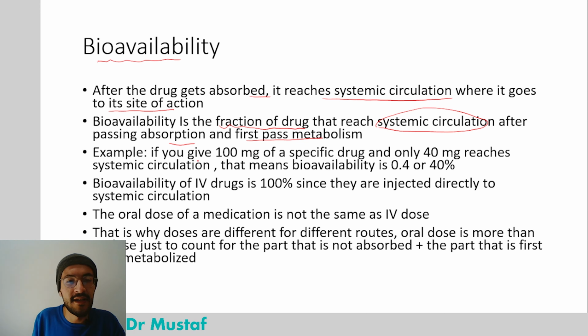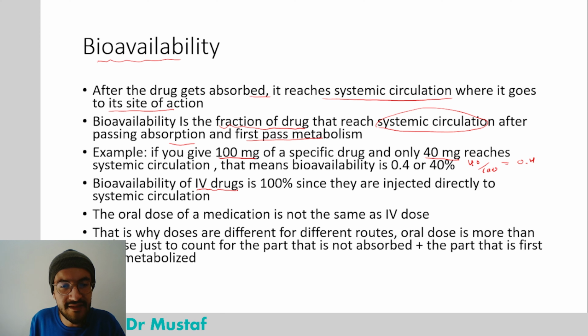For example, if you give 100 milligrams of a specific drug and only 40 milligrams reaches the systemic circulation, this means the bioavailability of that drug is 0.4 or 40%. That's calculated by dividing the part that reaches the systemic circulation by the dose you give. So 40 over 100, we get 0.4, which is the bioavailability of this drug in the example.